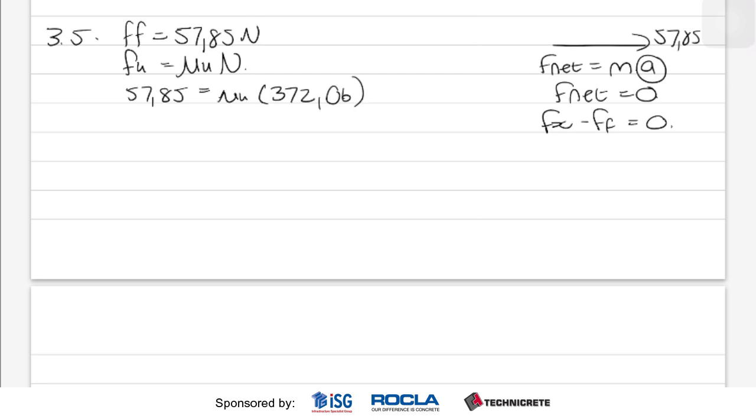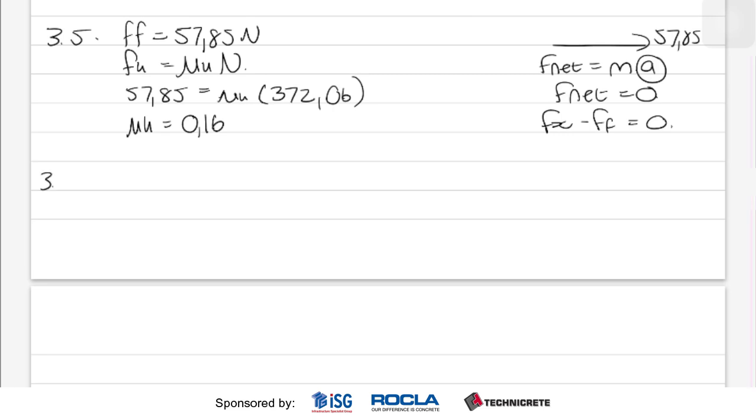Divide both sides by 372,06 and you should get your frictional coefficient to equal 0,16. And remember that this makes sense. Our frictional coefficient usually is a smaller number and it has no unit. So there we go, you have your coefficient of kinetic friction.